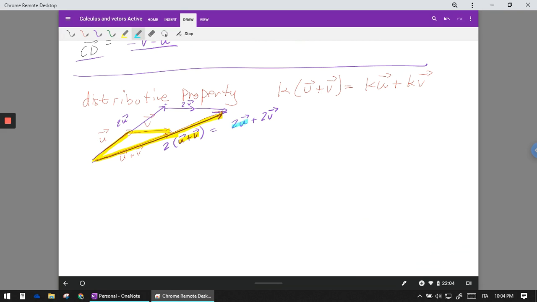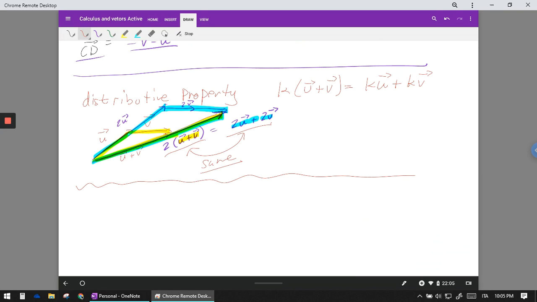Or I took twice u and then added to it twice v, and I ended up getting that, which is the same thing. That's why the distributive property is valid for vector addition, meaning I can do this or I can do this, and in both cases I will get the same results. Okay, that's just something to keep in mind.